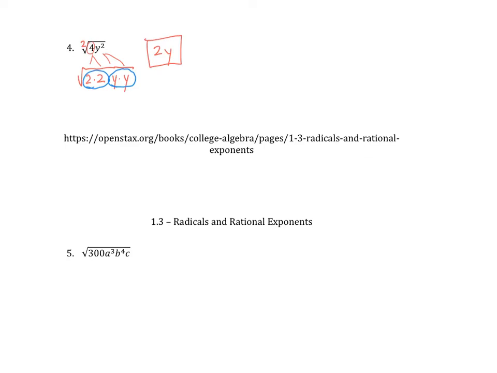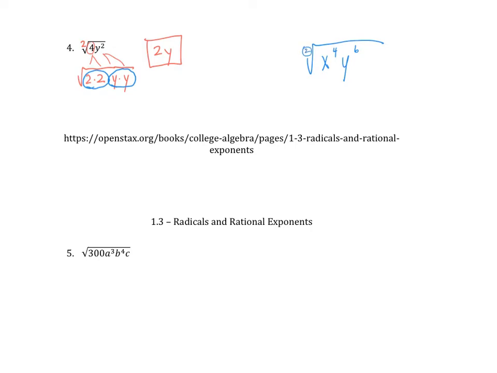This simple way to simplify variables and bring them out of the radical is just to divide. So let's say I had x to the 4th, y to the 6th, okay? And I know that this is understood to be a 2.